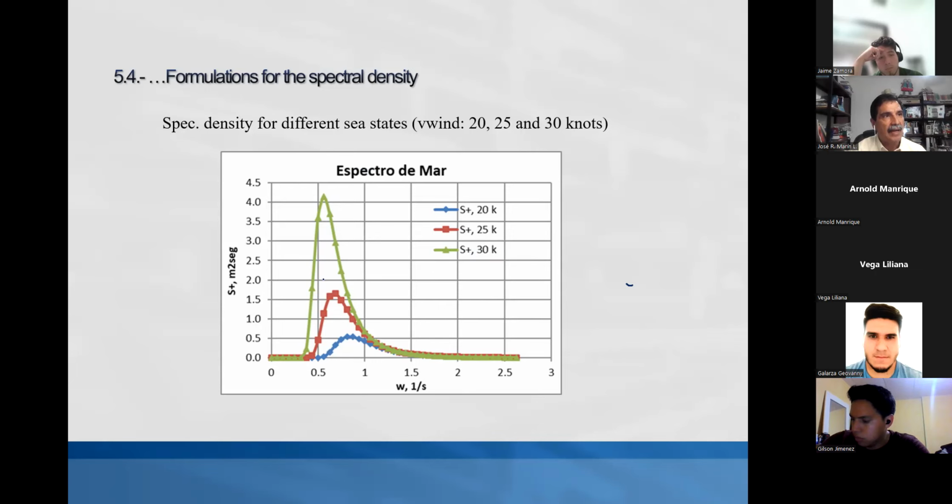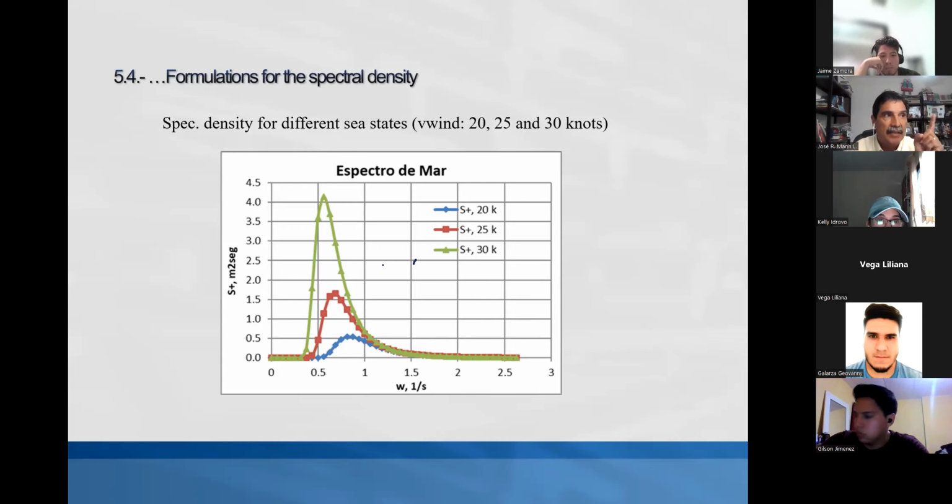Anything else, Mrs. Lobo? Anything else that calls your attention from this graph? Well, the highest value, when you increase the wind velocity, is going to the left. Yes. So that means that the largest energy, you have it at the lower frequency harmonic.